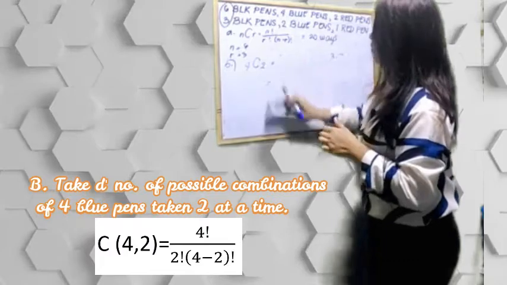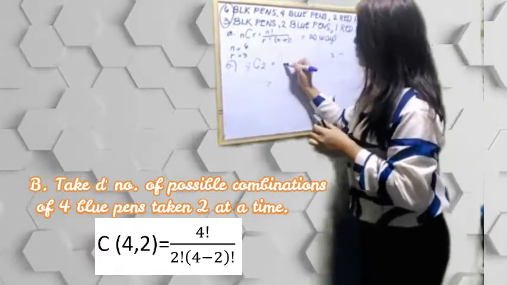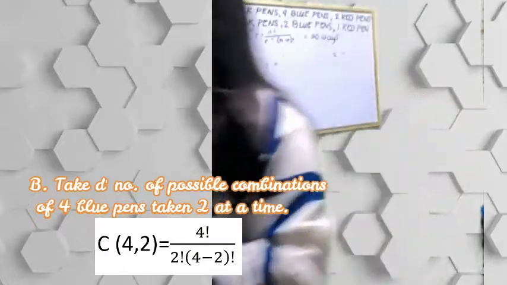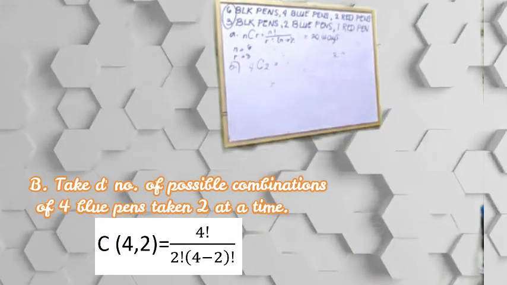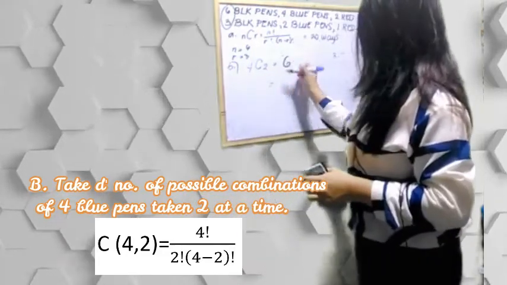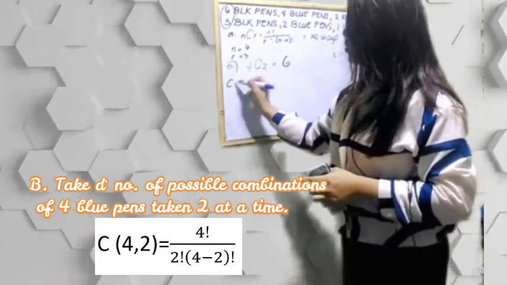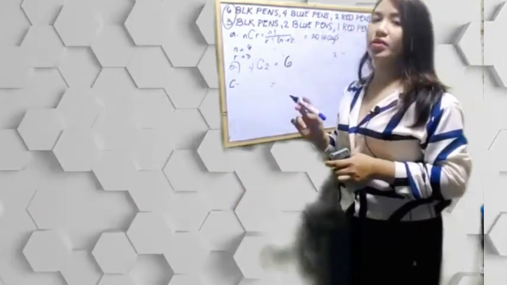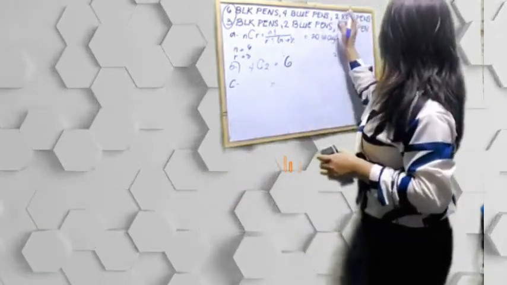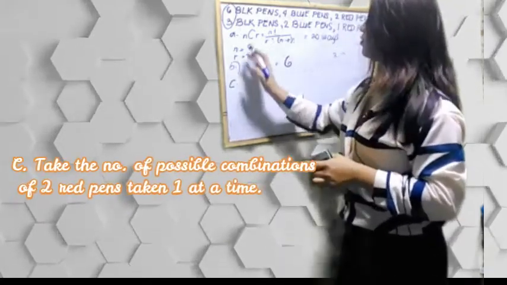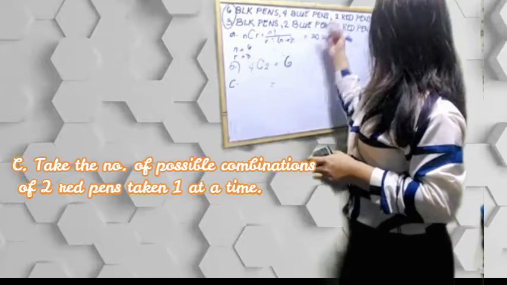Just take note of that because we will be using it as we go along to the final answer. Now let's proceed to the possible number of combinations if you would like to take 1 red pen out of 2 red pens. We will be following the same rule. Your n will be 2 now.